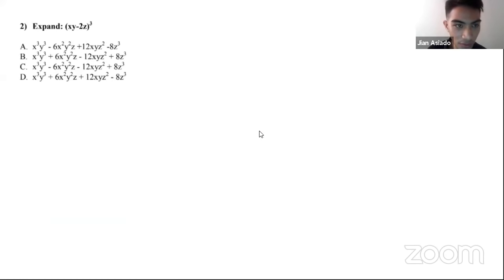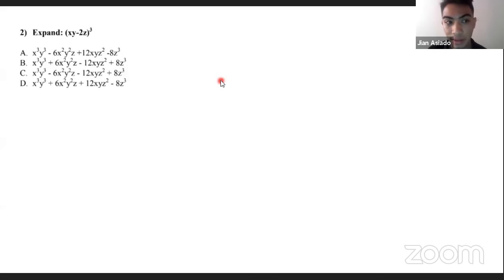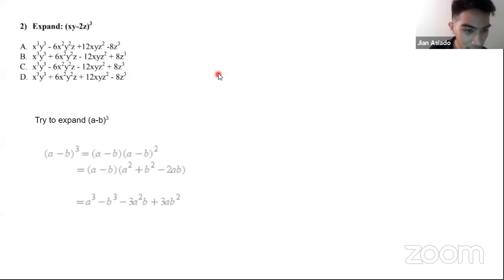For number 2, we are asked to expand the expression. To expand this, let's first try A minus B. A minus B raised to 3 is usually used in different subjects, like in physics, there are a lot of these. A minus B raised to 3 always appears.